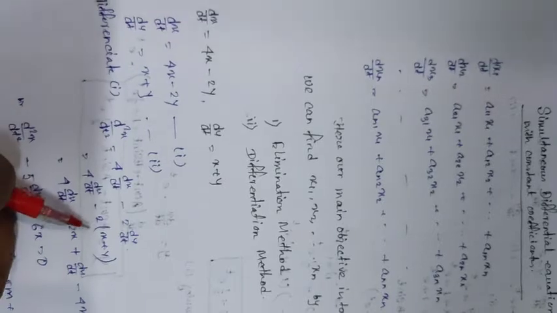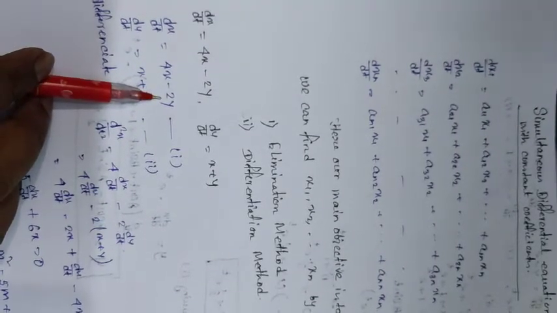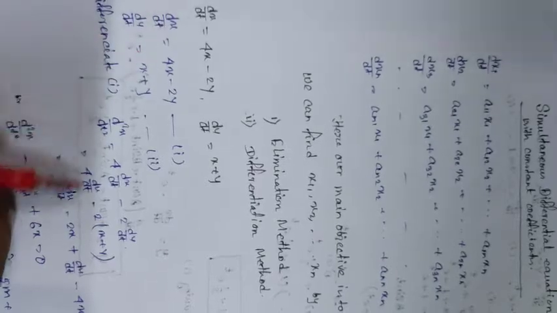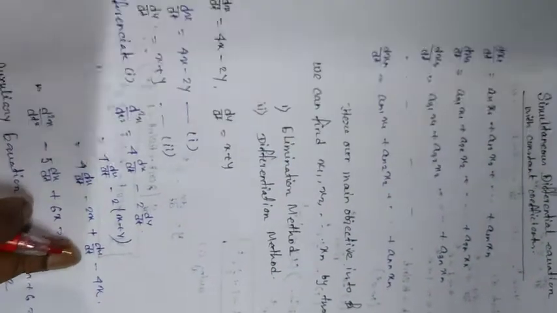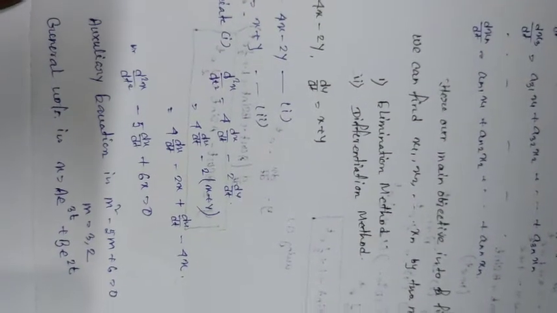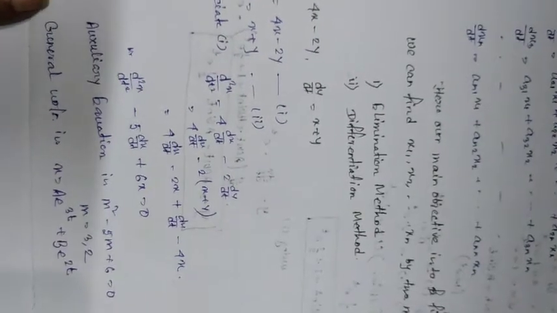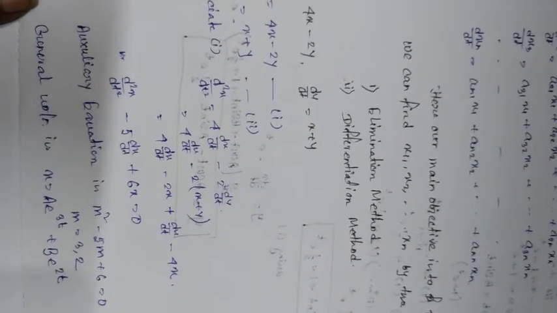So here, minus 2x minus 2y, and we put the value of minus 2y, that is dx/dt minus 4x. From here we get the equation d2x/dt2 minus 5 dx/dt plus 6x is equal to 0. So now we have to solve it.